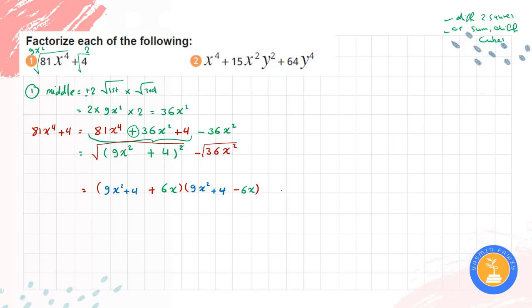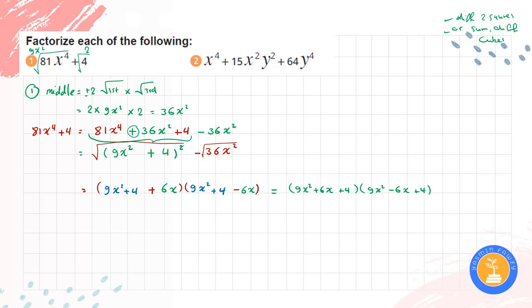If you want to arrange them, it will be better to arrange each trinomial in its brackets. It will be 9x to the power 2 plus 6x plus 2, and here 9x to the power 2 minus 6x plus 2. Do we have to do that?